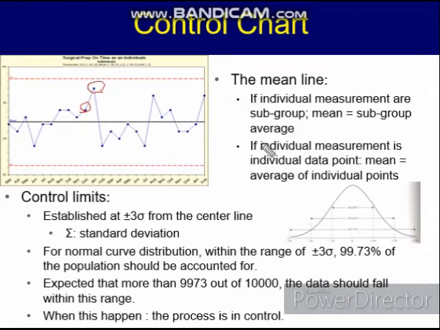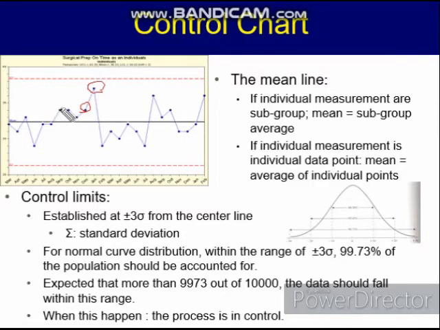If individual measurements are individual data points, then the mean equals the average of the individual points. So you can also collect data where every single point represents one individual measurement.